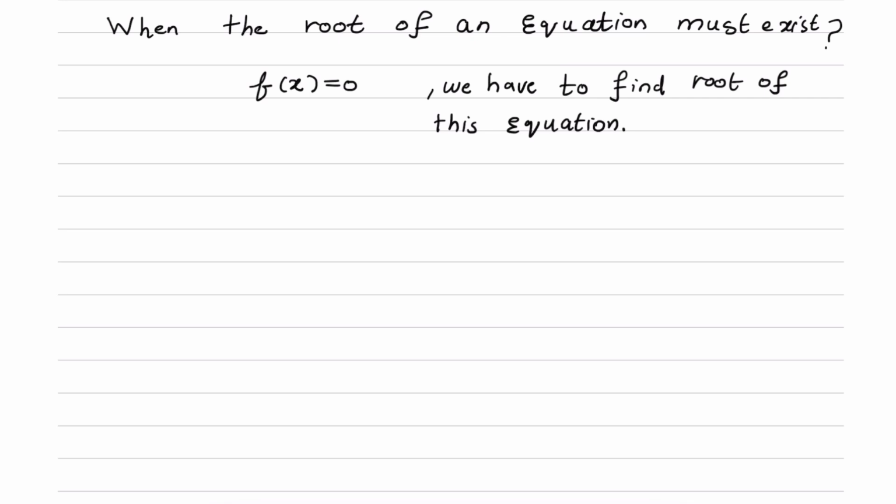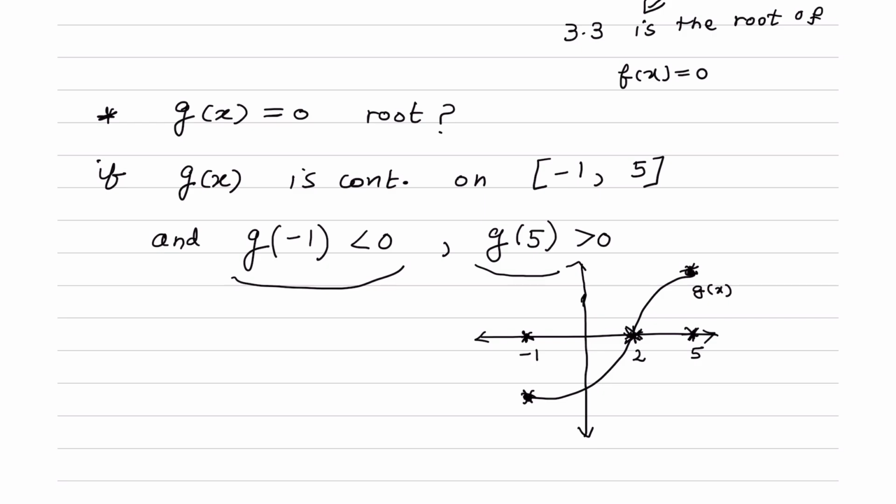This is the shape of the graph of g of x, which was continuous on the interval -1 to 5. And you can see that g at 2 is 0. By this definition, we can say that 2 is the root of the equation g of x equal to 0.